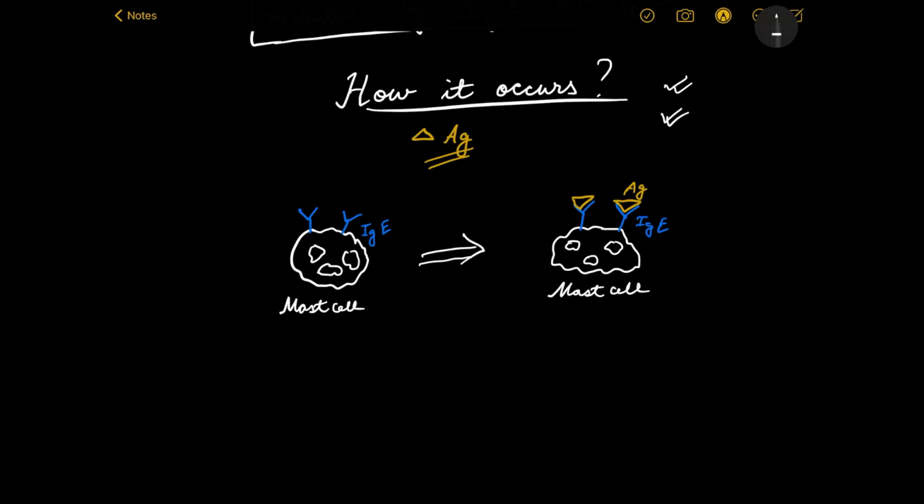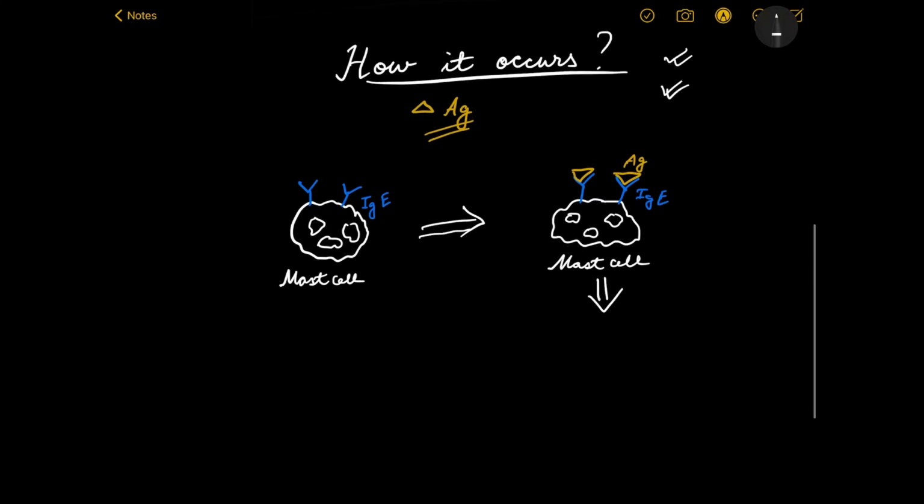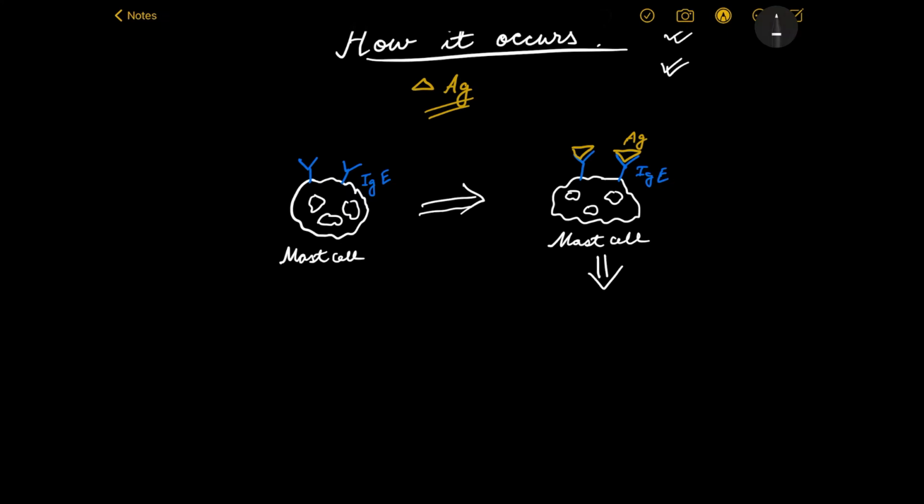This in turn would lead to what we call a degranulation reaction. It's a fancy name, but it's pretty simple to understand. It means that the granules within the mast cell will break down and release the chemical things which were in there, within the granules.